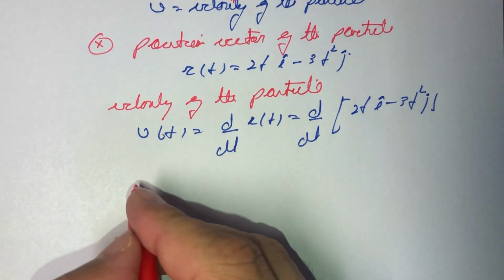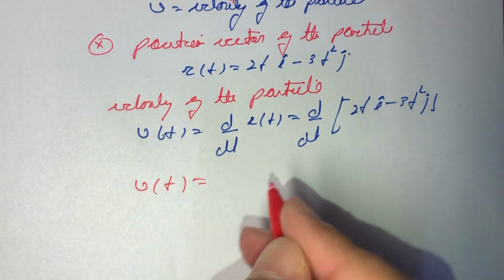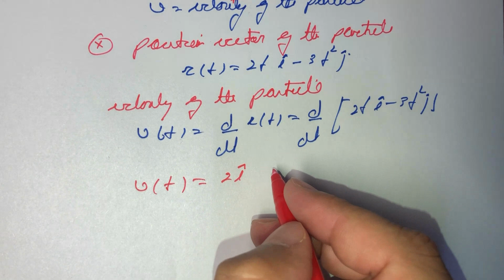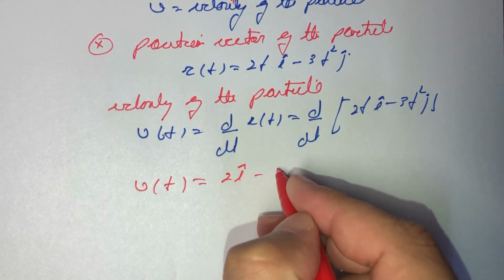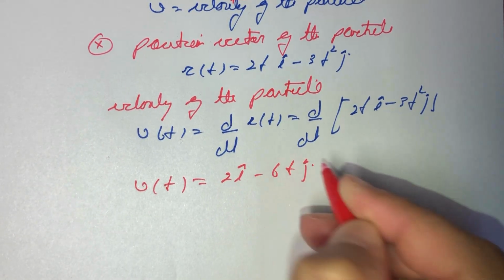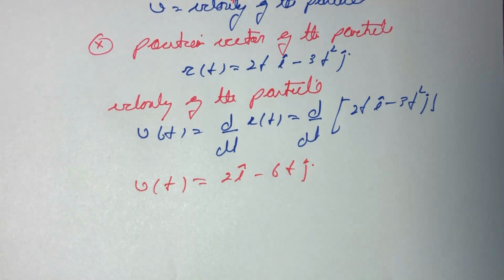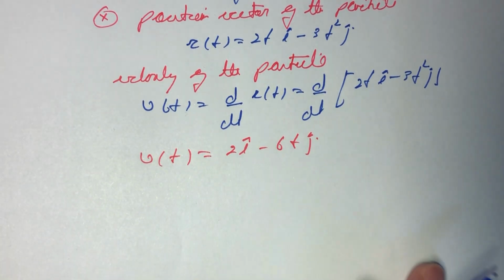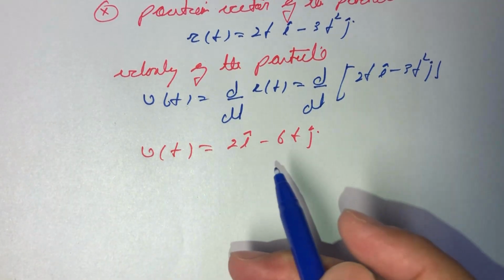Therefore velocity vector v of t will be equal to 2i minus 6t j, and for time t equal to 2, we are going to find out the value of the position vector as well as the velocity vector.